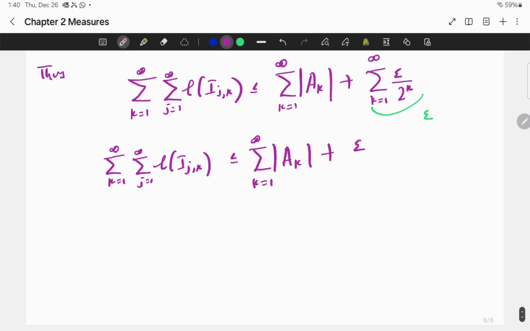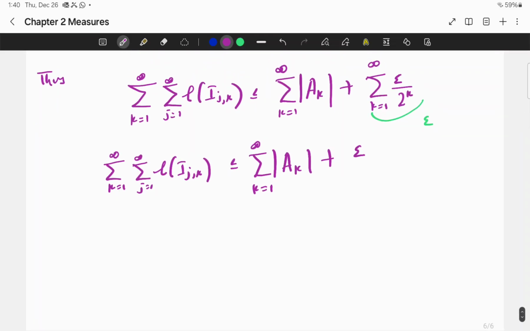Okay, so now this double indexed collection of open intervals, we can rearrange it in such a way that it becomes a sequence of open intervals whose union is going to contain the countable union of these sets.